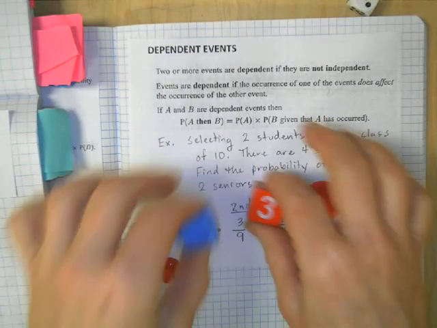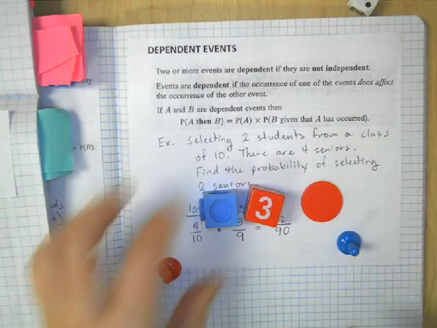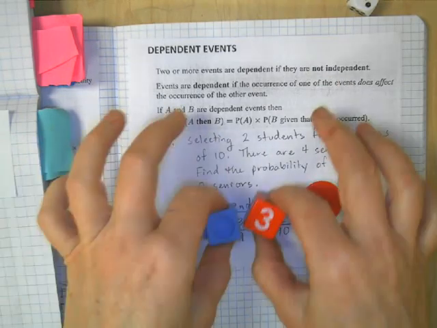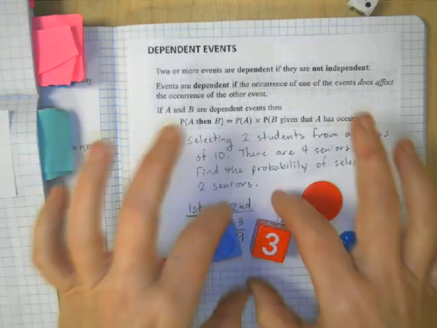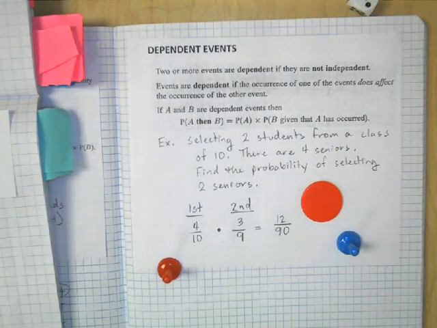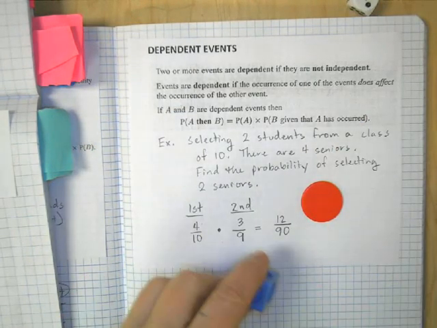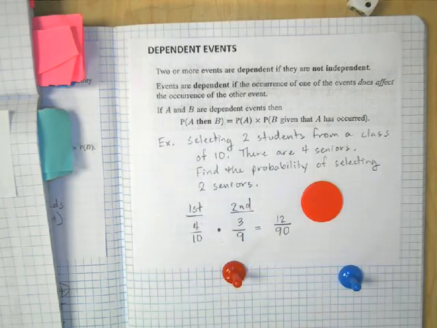So we don't worry about them happening simultaneously. We just say one happens and then the other happens. We don't worry about what if they happen at exactly the same time. We always say one's going to happen and then the other's going to happen.